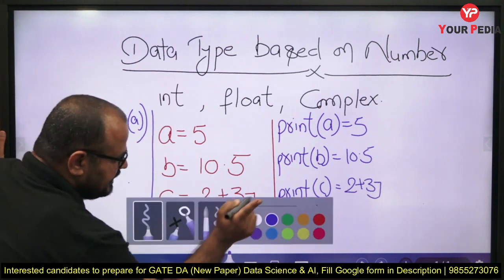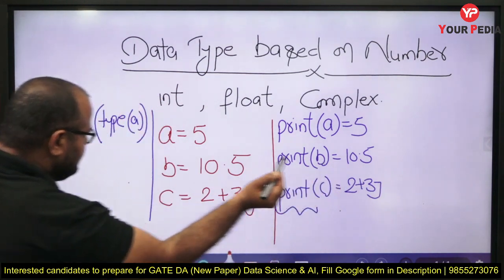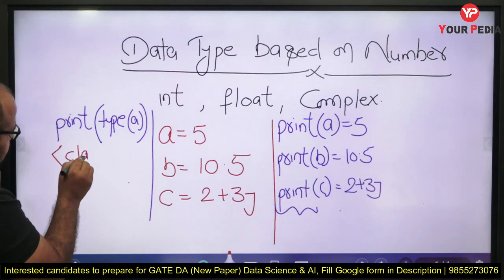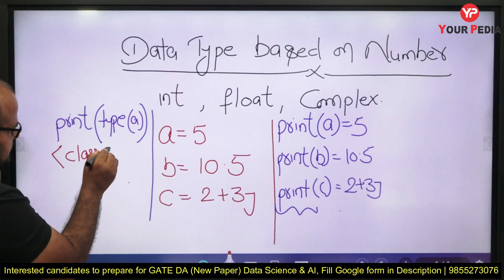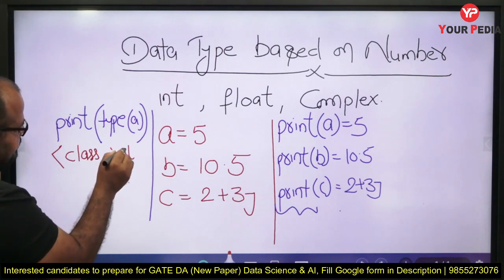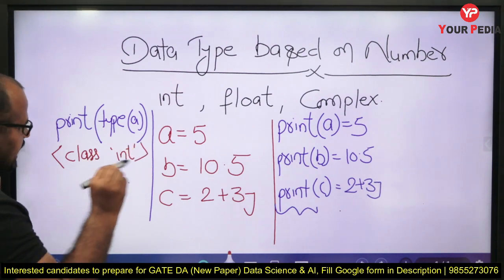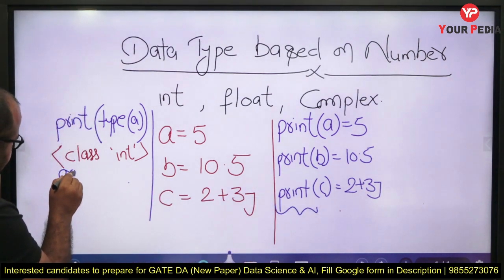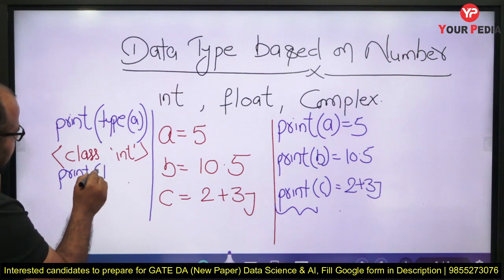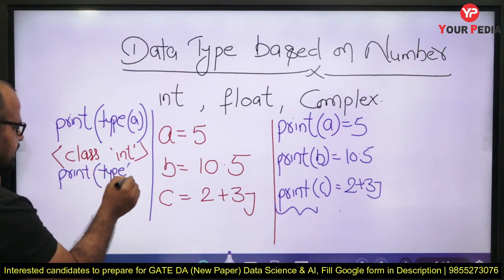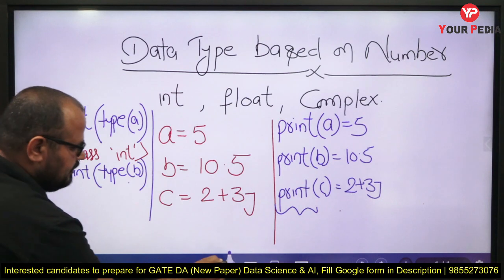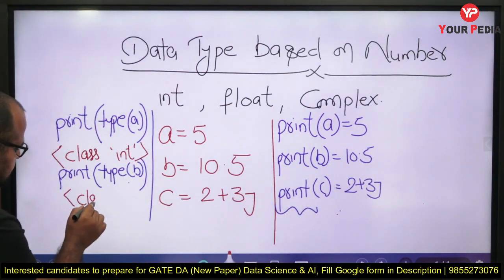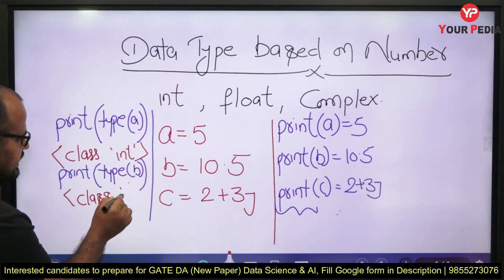See, listen carefully, the output. My dear students, listen carefully. The output you see is in the form of class int. Now, if you say please print type of b, then you find again the class float.